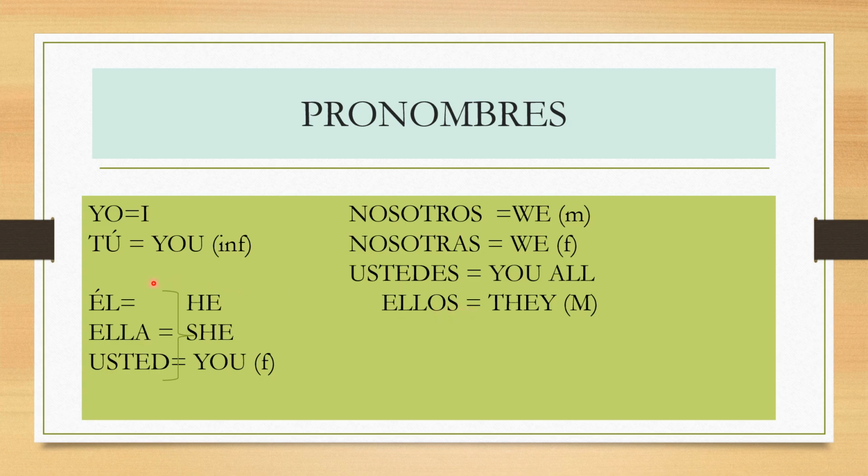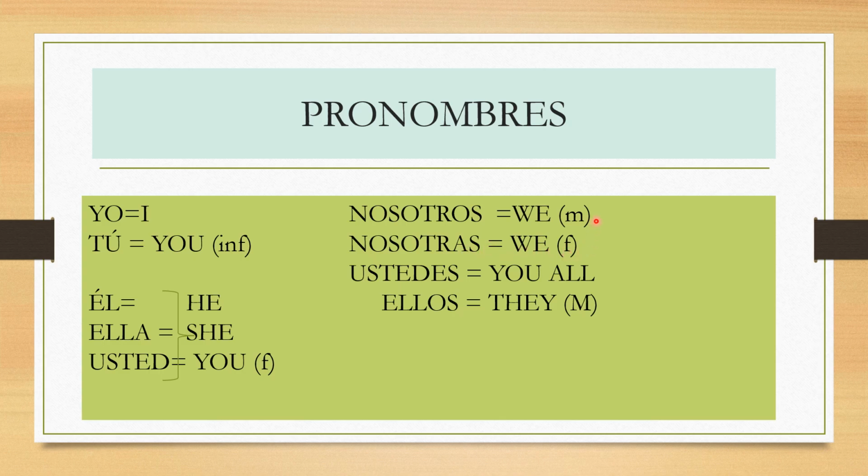Now notice that I have él, ella, and usted together in a group because the conjugation for these three are always going to be the same. And here we have nosotros and nosotras. Looks very similar except for the o and the a. One is masculine, and one is feminine.